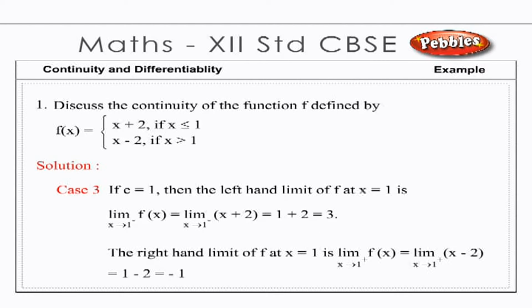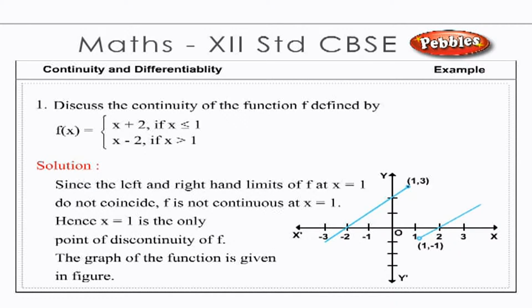Case 3. If c equals 1, then the left-hand limit of f at x = 1 is the limit as x tends to 1 from the left of f(x), which equals the limit as x tends to 1 from the left of x + 2, which equals 1 + 2 = 3. The right-hand limit of f at x = 1 is the limit as x tends to 1 from the right of f(x), which equals the limit as x tends to 1 from the right of x - 2, which equals 1 - 2 = -1.